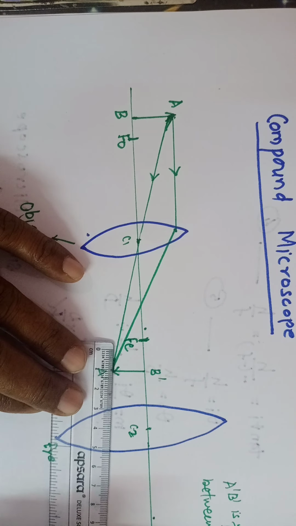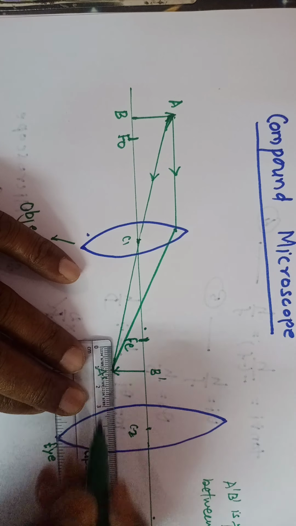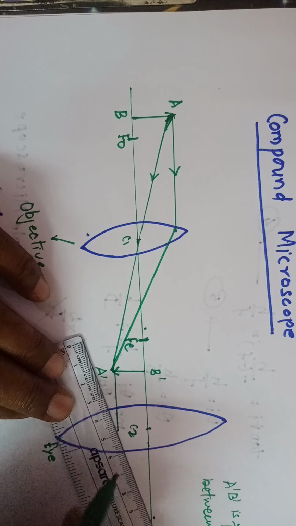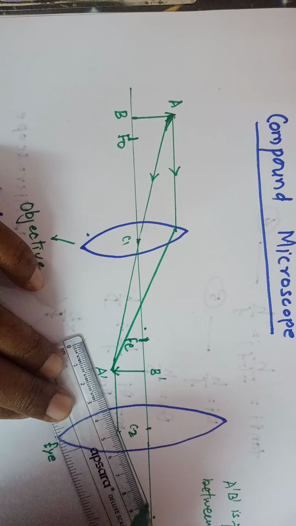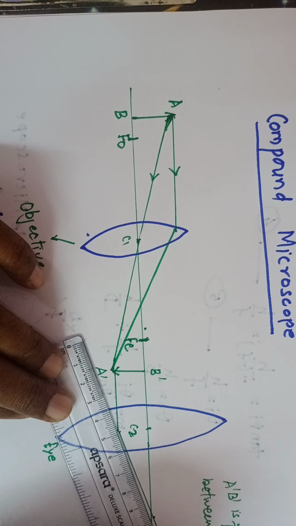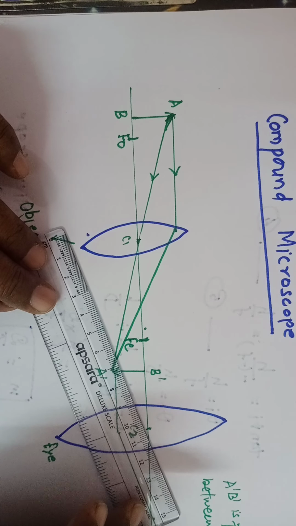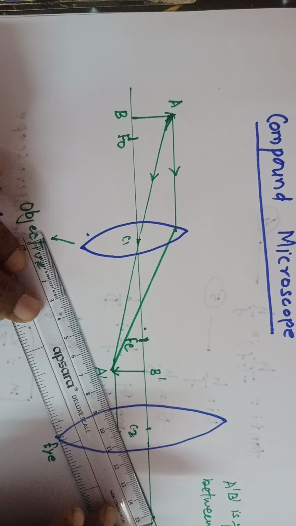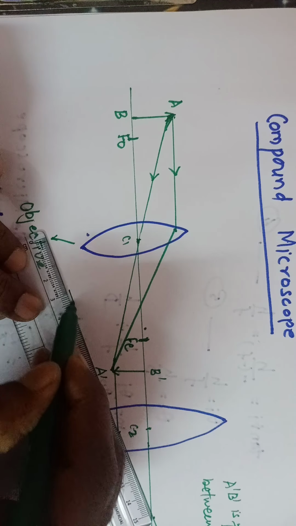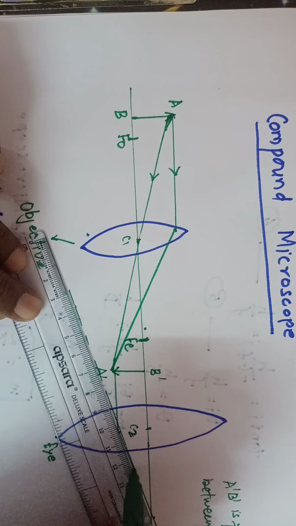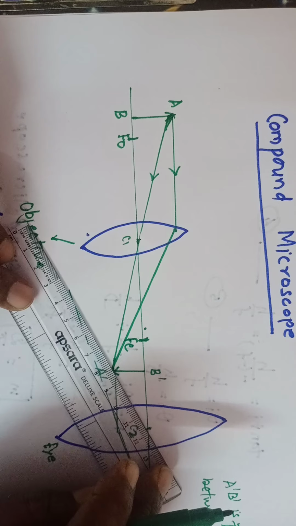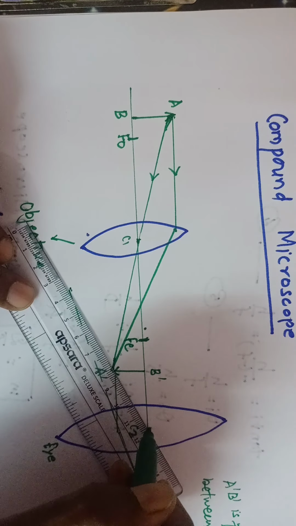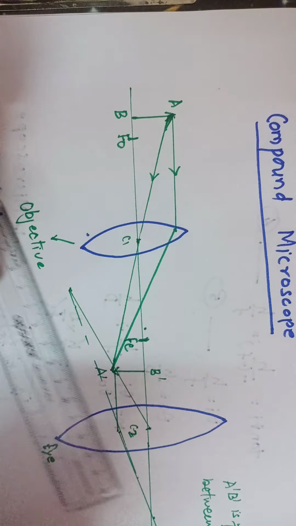Now the first ray will go parallel to the principal axis and it will pass through the focus somewhere here, and one more ray will pass through the optical center O. When we extend this ray backwards, these two rays will meet at this point.